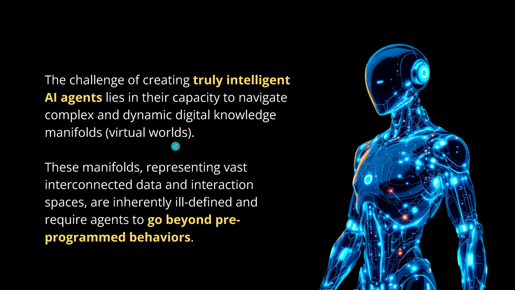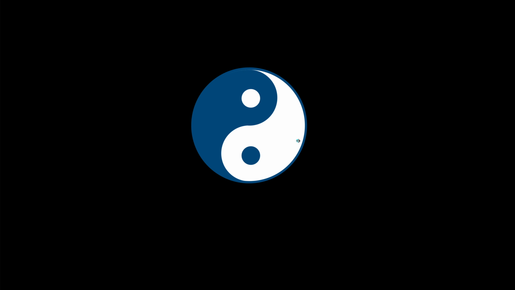Whatever you know about virtual worlds, about digital twins, this is what we're looking for. Let's say we have the data on data manifolds, and they represent vast interconnected data and interconnection spaces that are normally ill-defined and require our agent to go beyond the pre-programmed and pre-trained behavior. And here you immediately see why it is so important to go with intelligent AI agents.